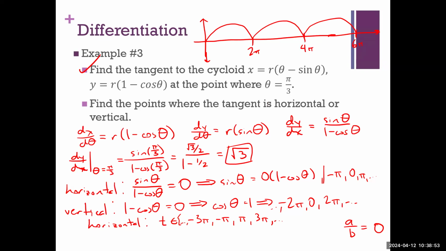Does it make sense they have to be in the middle of those arcs? The first one is going to be here at 1 pi, and then they're spaced out every 2 pi thereafter. So the horizontal tangents are at the odd multiples of pi, and the vertical ones happen at the even multiples of pi.